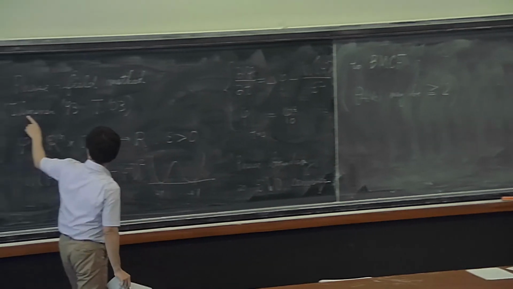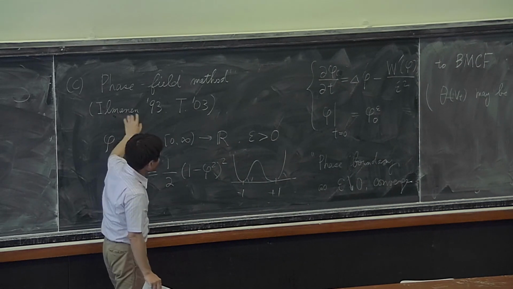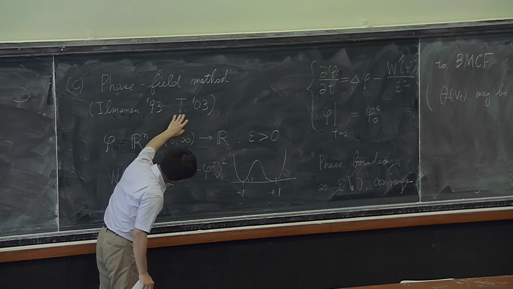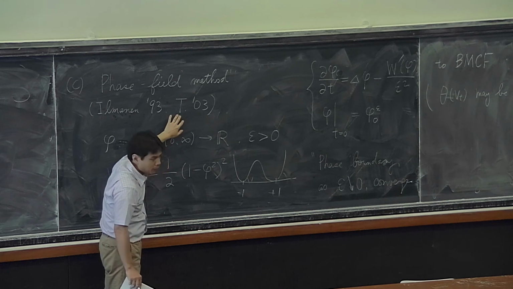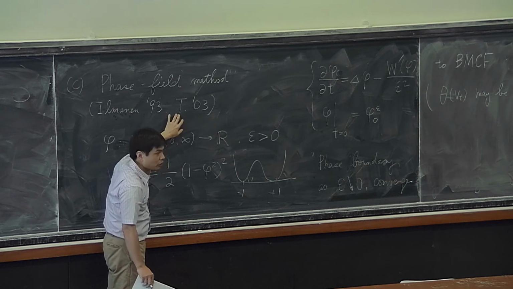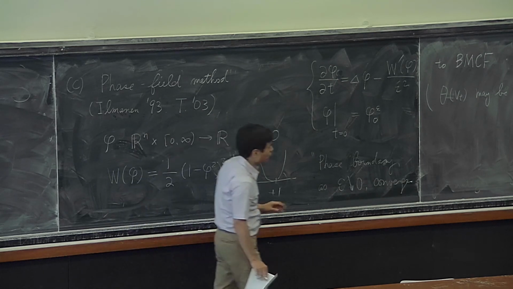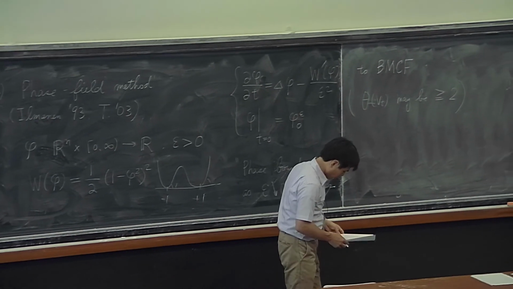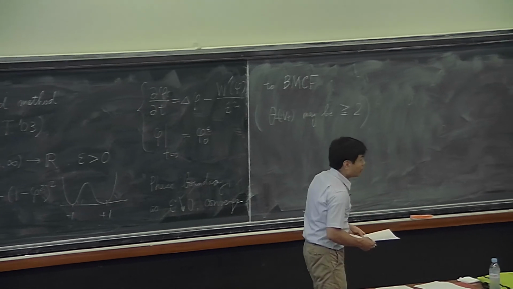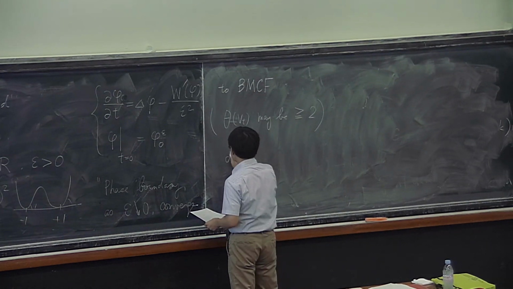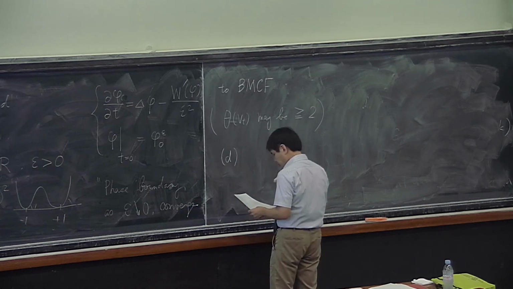And I just mentioned that Ilmanen proved that the limit measure satisfies this inequality. And the one I did is I showed that the limit measure is actually integral also. But the integrality is somehow important from the point of view of regularity. And I should say also, this one is a more recent one.